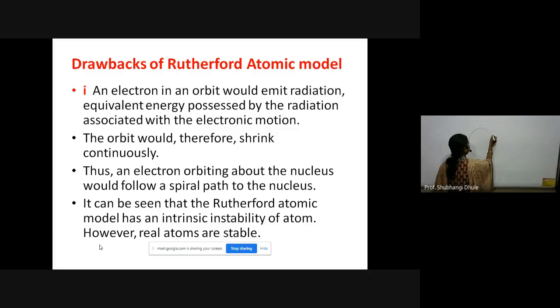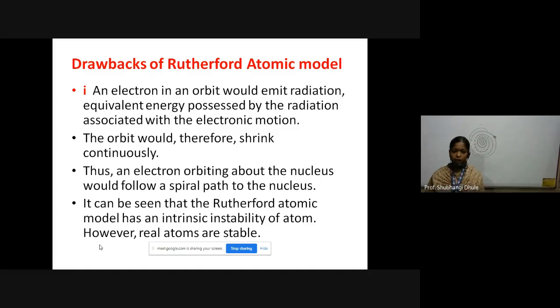If it is losing energy, it should come closer and closer to the nucleus, take a spiral path, and ultimately collapse into the nucleus.